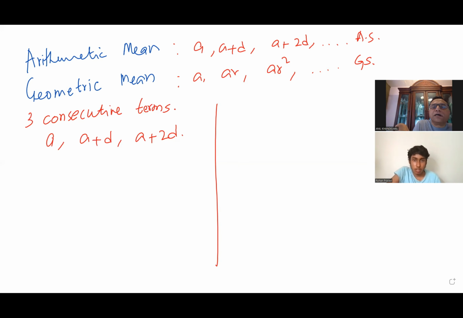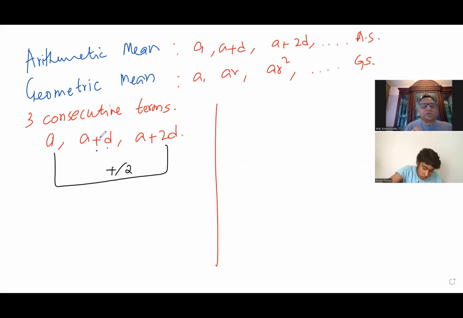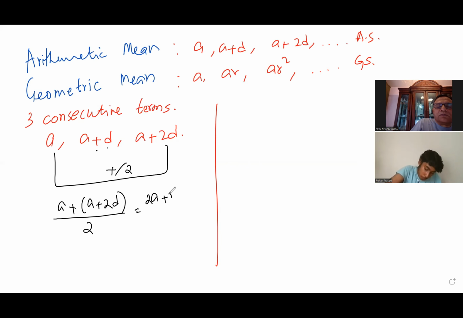So you'll notice that if you add these two and then divide by 2, you get the center number. If I divide them by 2, it is like the average of the two, the mean of these two numbers. You see that?